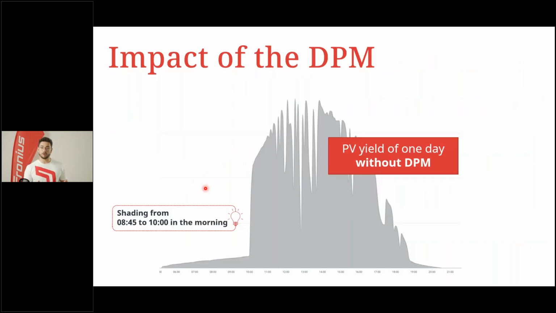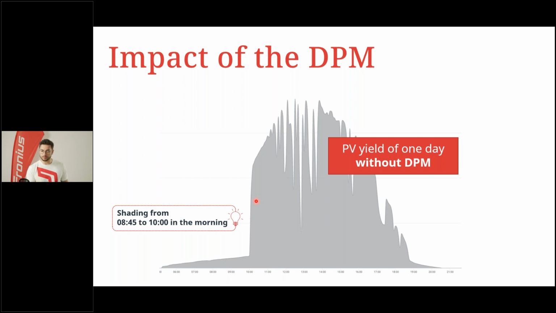Yeah, we also have a simulation ready to show, and that really shows the dramatic impact that we have with the DPM. So here you would see a photovoltaic system where we have shading from 8:45 to 10 o'clock in the morning. And in this time, we have this big cutout here in the yield. And of course, this would mean high losses over the whole year, basically, if this shading is repeating itself every day.